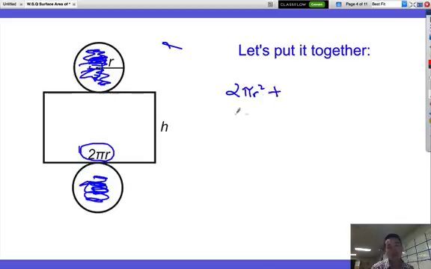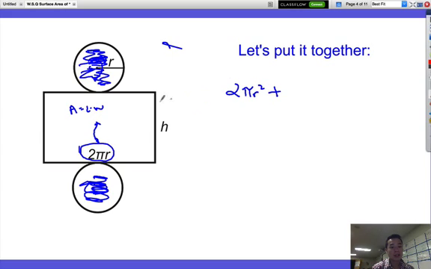Plus, I need the surface area of the body. You remember that the area of a rectangle is length times width, or height times width in this case. But the unique thing is this width right here isn't just your normal width. It's actually the circumference of the body. Imagine if I unfold this tube, the circumference of the circle is actually your width.